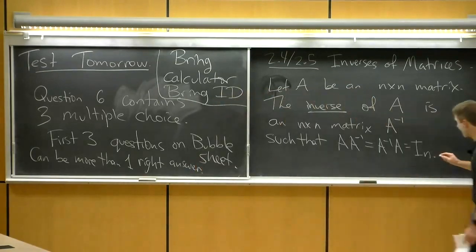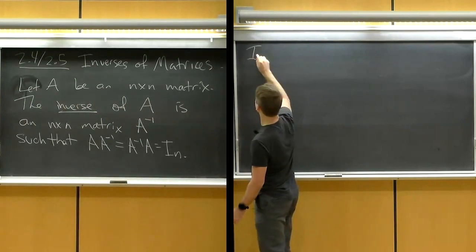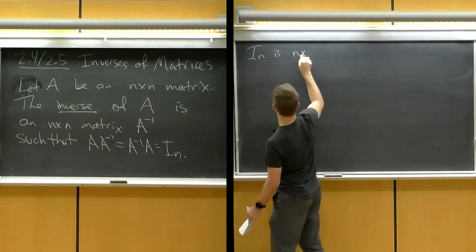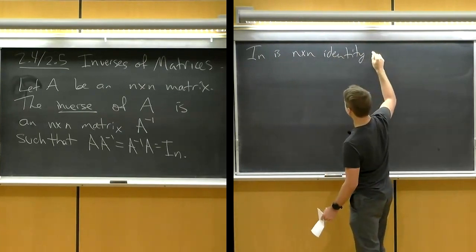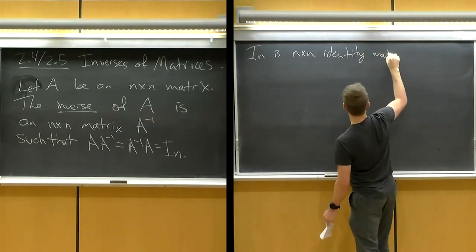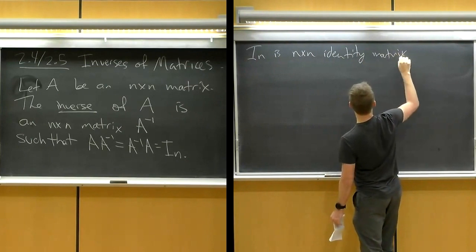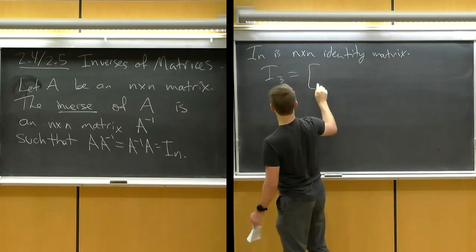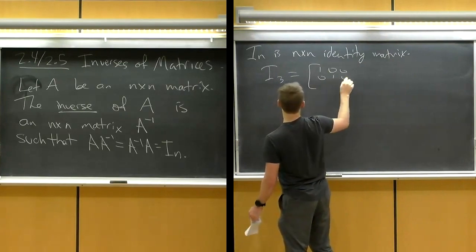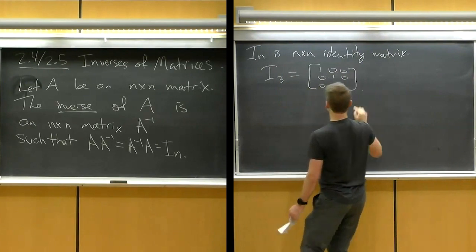So remember, I_n is the n by n identity matrix. For example, I3 is just 1, 0, 0, 0, 1, 0, 0, 0, 1.